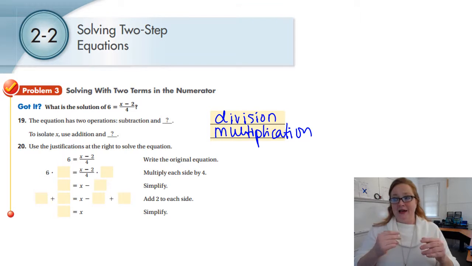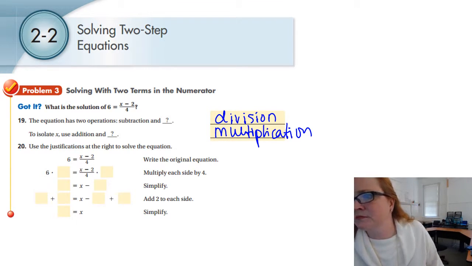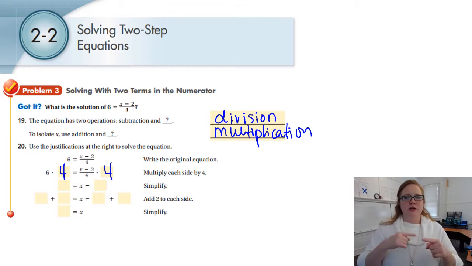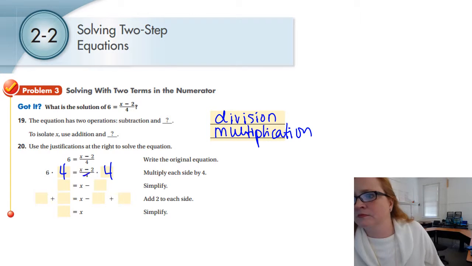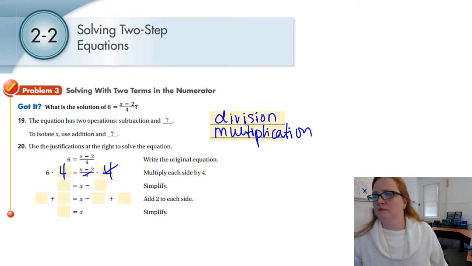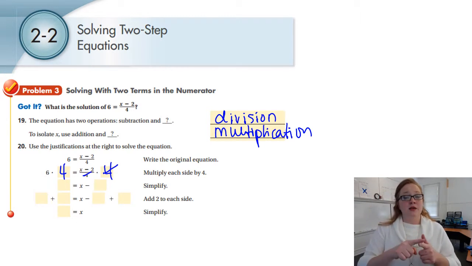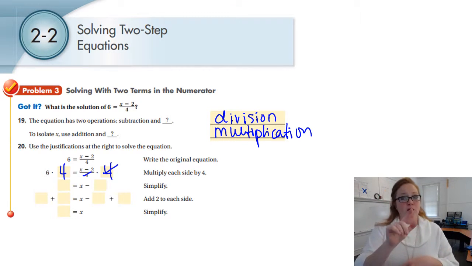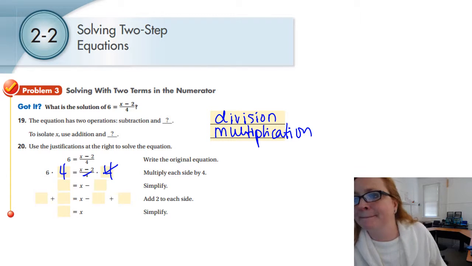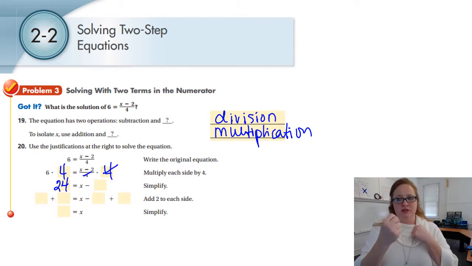So the second step is multiply each side by 4. Here is when you can cancel out 4s. Then simplify. 6 times 4 is 24. X minus 2.